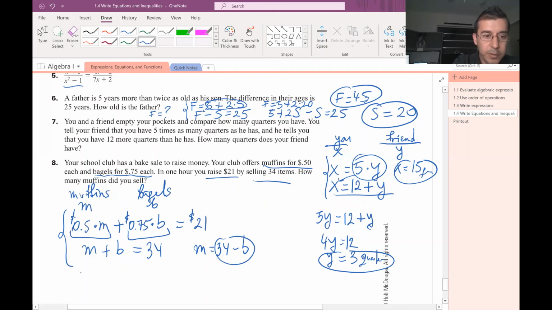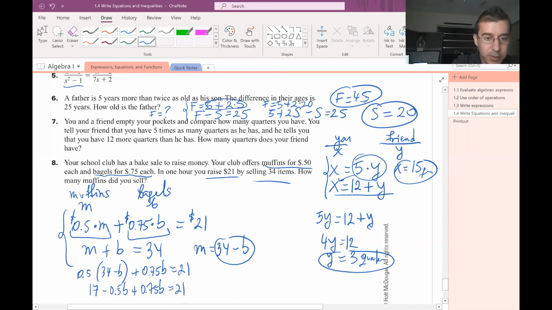So we end up with 0.5 times 34 minus B, plus 0.75 B equals 21. And 0.5 times 34 is half of 34, that's 17, and then minus 0.5 B plus 0.75 B equals 21.